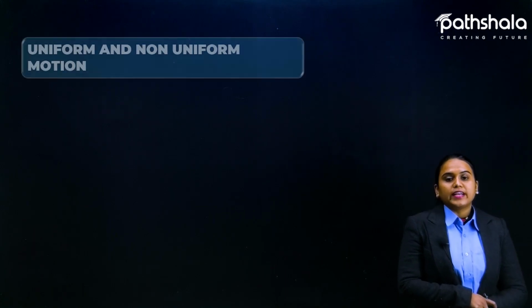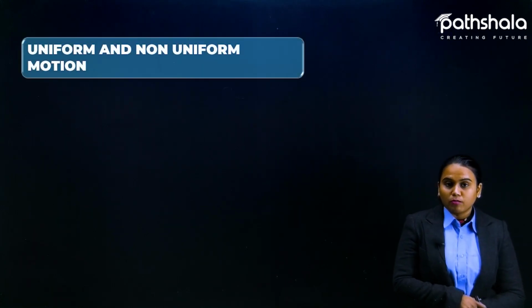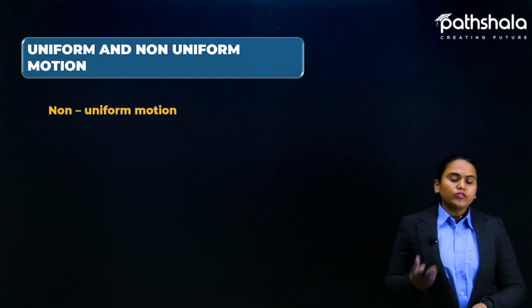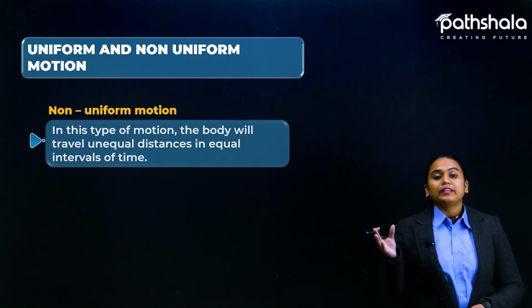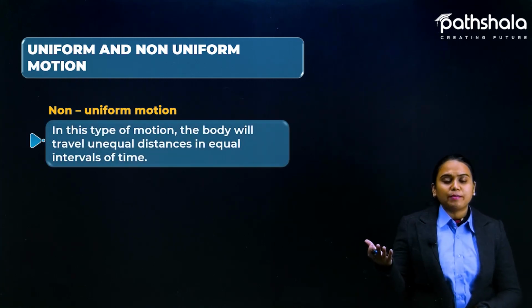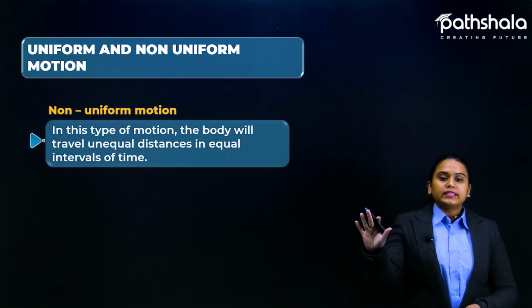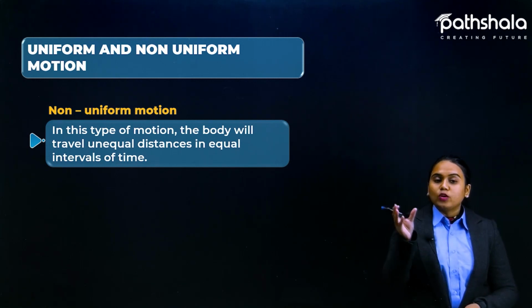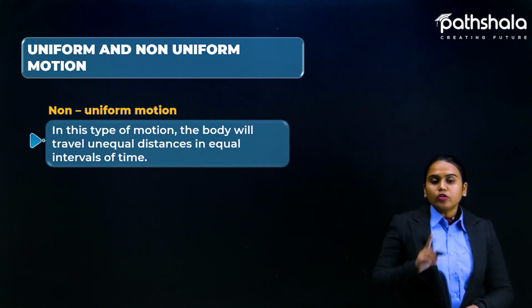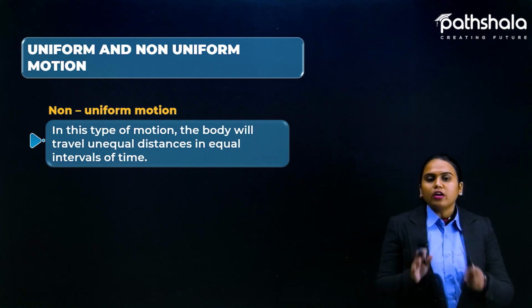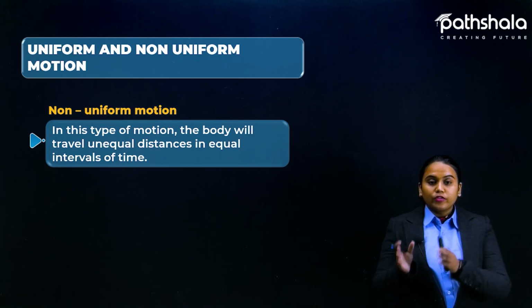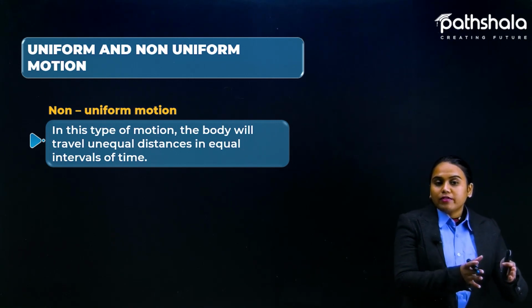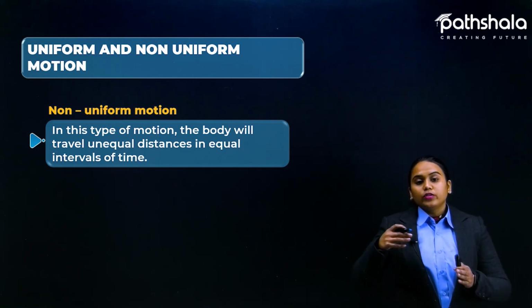After discussing uniform motion, let us discuss non-uniform motion now. What is non-uniform motion? Earlier we were covering equal distance in equal intervals of time, but now equal distance will not be covered in equal intervals of time, because time is not in your control, but you can control your speed and the distance you are traveling according to the time.